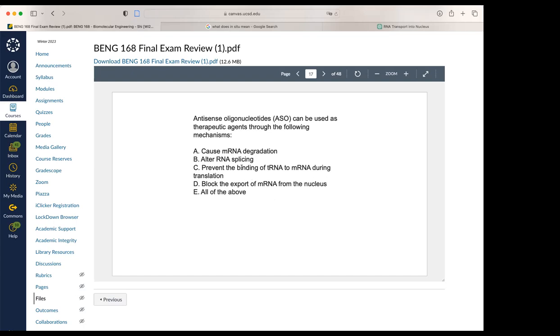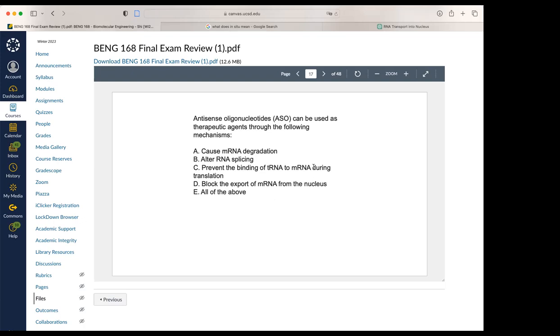So it's like preventing the binding of tRNA to mRNA during translation. This one, I don't know. I think I need to do a deeper dive on this, but if you have the complement to an mRNA and it's being fed through the ribosome, the tRNA has a biochemical affinity to the codon that exists on the mRNA.